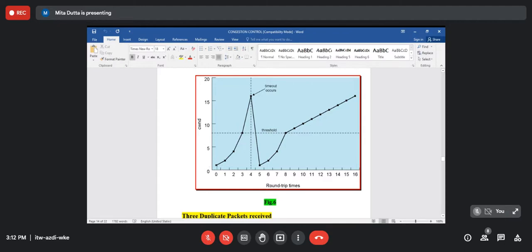The window rise is exponential in nature, and when it crosses the threshold, the increase will be additive, so this curve will be linear. Here the timeout occurs, that means no acknowledgement at this instant; we are not going to receive any acknowledgement from the receiving end, and this situation is known as timeout.